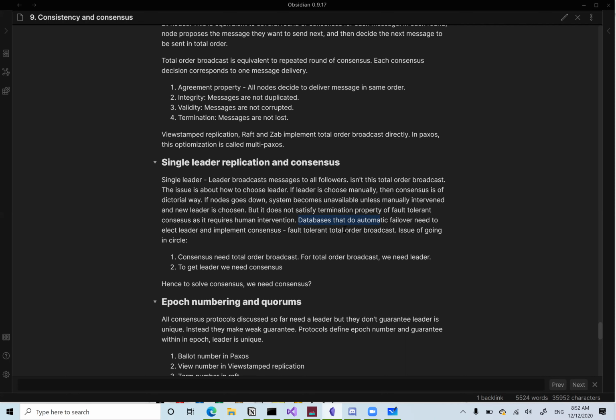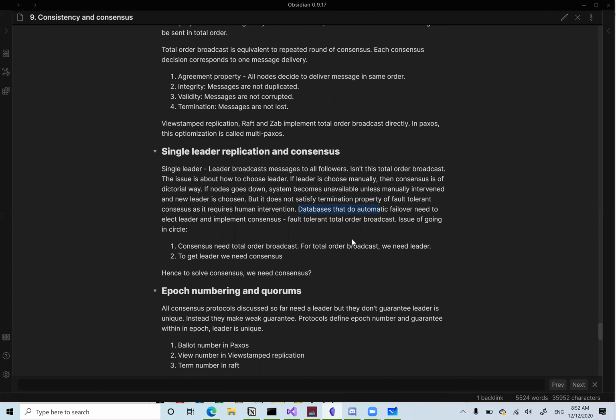So now this is kind of going in a circle: these consensus algorithms are needed to elect a leader, right? And we saw that the consensus algorithm itself has to elect a leader to actually come to a consensus.